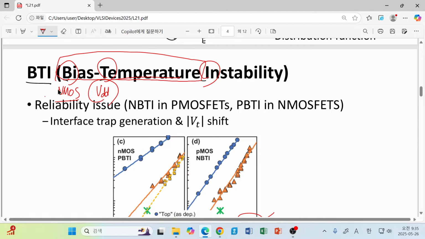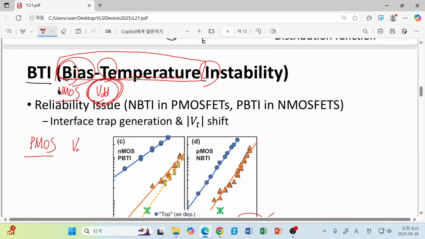So now it means that when you apply this severe operation condition, high gate bias, in the case of this MOSFET, when you apply VDD, the electric field across the oxide region is quite high. In the case of PMOSFET, the things are the opposite.